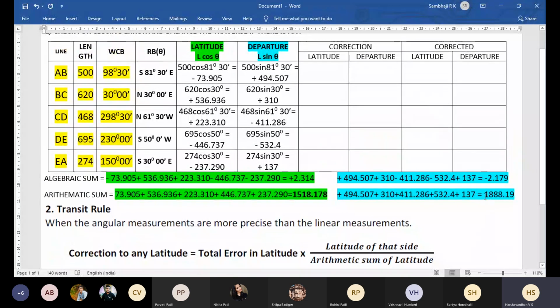Others, all of you are getting the same answer: 1885.193.